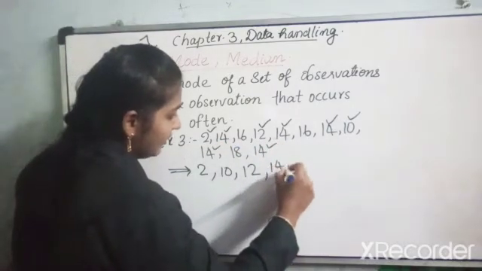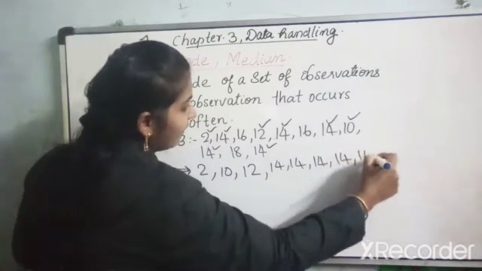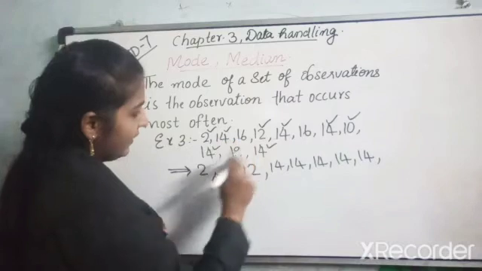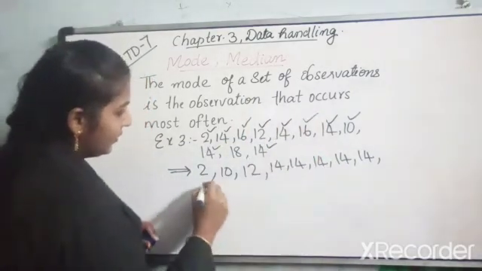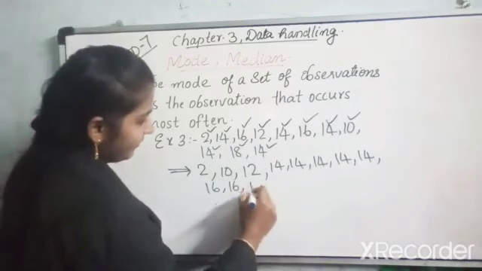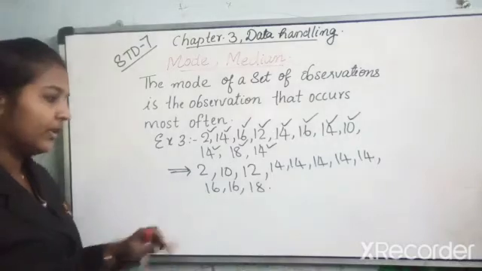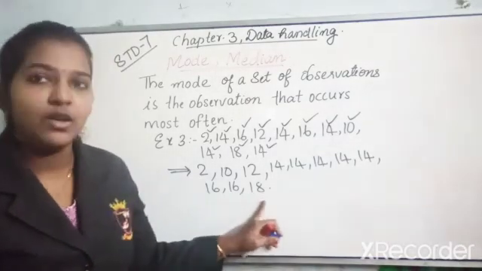Then what is left? 16, 1, 2, two 16s. Then after that 18. Okay, so here we arranged the given observations in ascending order.